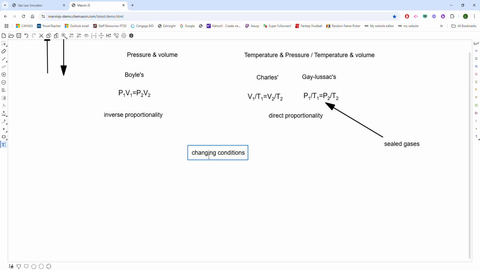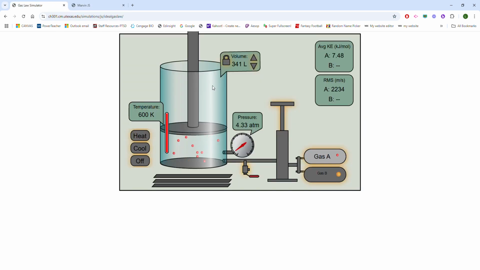The changing conditions generally are going to happen with any vessel that is closed: a piston where the plunger is able to move up and down, a sealed plunger, a sealed balloon. It's going to account for changing conditions in sealed environments that don't let things come in or out. Those sealed environments can vary depending on if the volume is fixed or not. Temperature can be fixed as well.